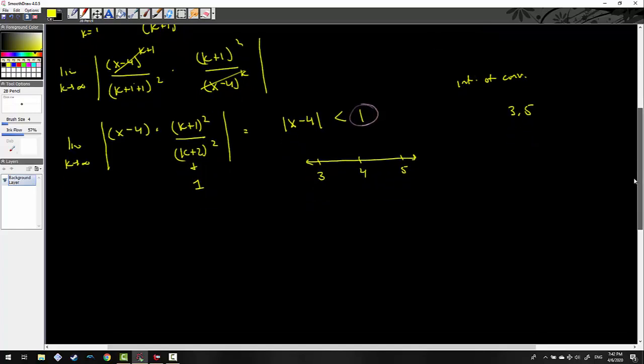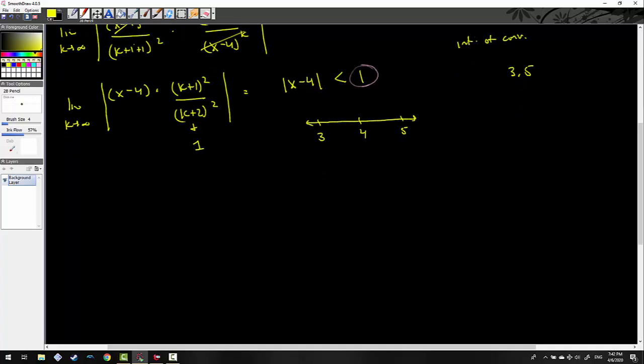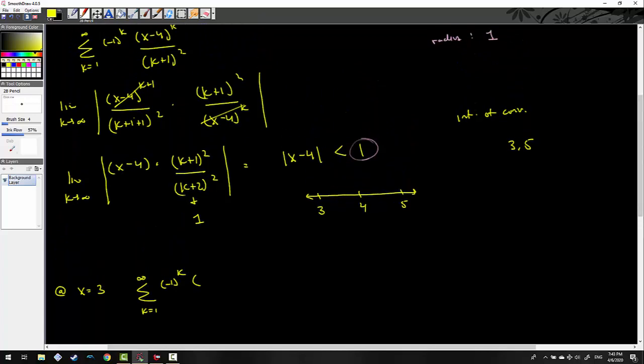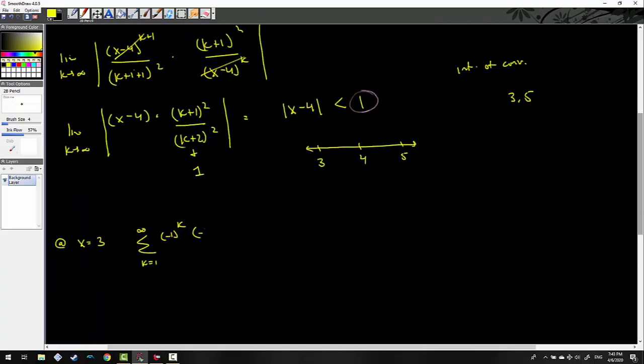We use our summation, and we plug in the 3 and the 5 in for x. Not for k, for x. So, at x equals 3, well, what's that going to look like? That's going to be the summation from k equals 1 to infinity of negative 1 to the k because of our alternator. Now, 3 minus 4 is going to be negative 1, so that's going to be negative 1 to the k also, over k plus 1 squared.